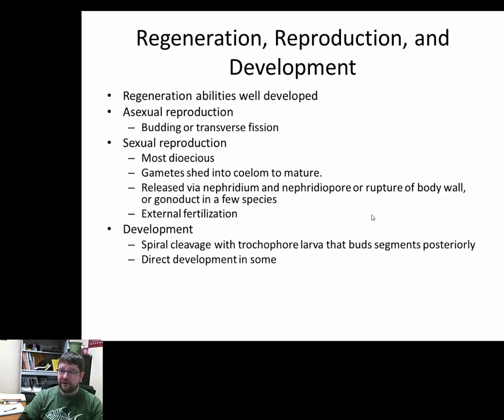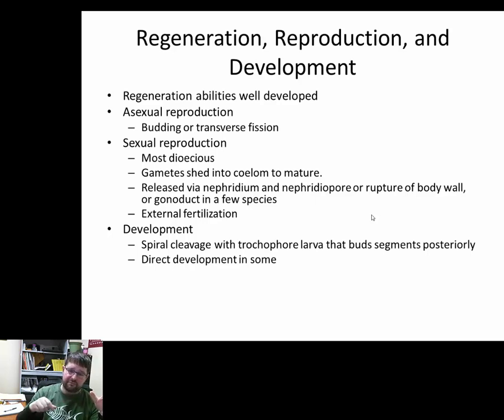Now, development is unique. Remember that they're going to have spiral cleavage, so these are protostomes. They have a trochophore larva. But the interesting thing about the trochophore larva is that instead of going from a trochophore larva into a juvenile phase, often the trochophore larva just increases the number of segments.